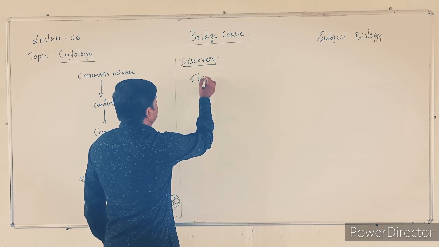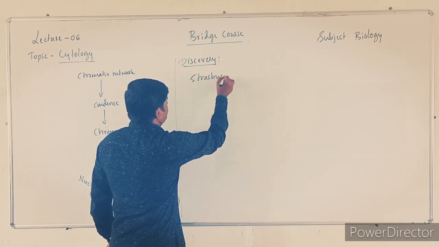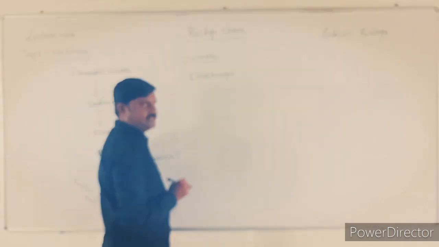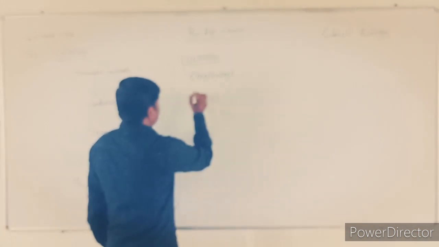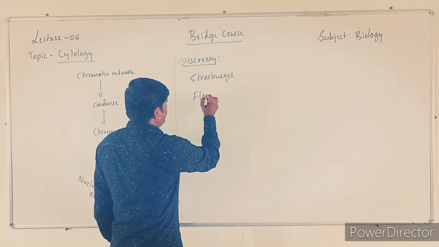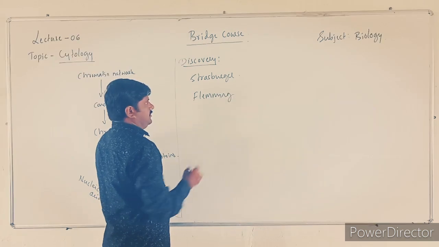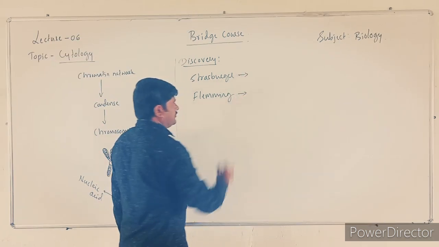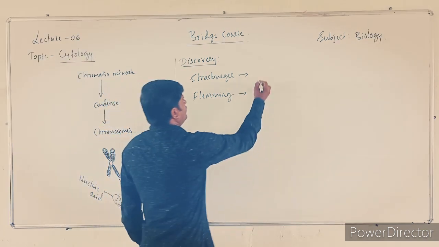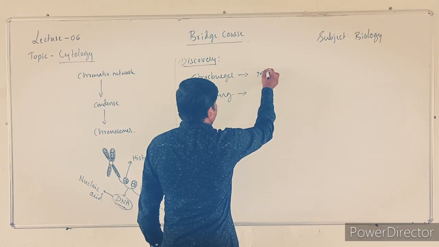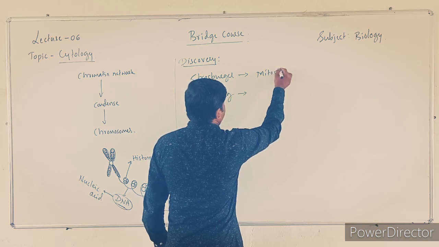Strasburger is the name of the scientist. Along with that, one more scientist, Fleming. Right? These two scientists were studying mitotic cell division, mitosis.